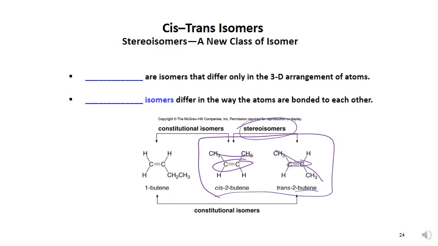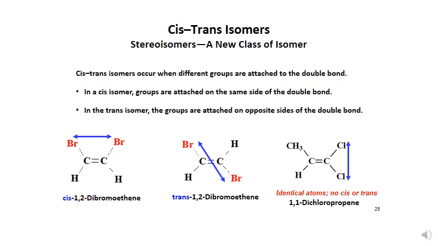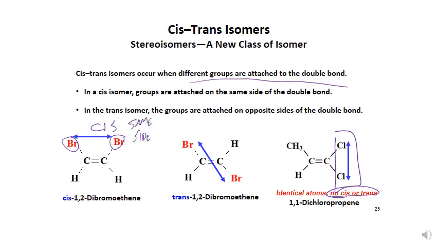It's important. Okay. You got to have different groups attached to the double bond. So this is a different group attached to this carbon and a different group attached to the carbon. If you have the same group attached to the same carbon, even with the double bond, there's no cis-trans isomerization. So this is the cis because they're on the same side, and trans means they're across.